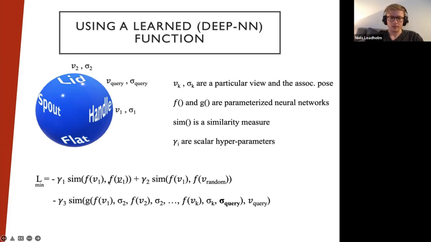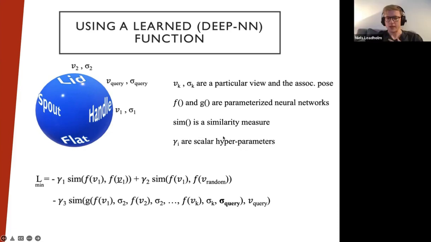So just to break this down, this is the loss function. This is what the neural network is being trained through, say, backpropagation to minimize. And it has three terms. These gamma parameters are just scalars that determine how much influence a particular term has on the whole equation.